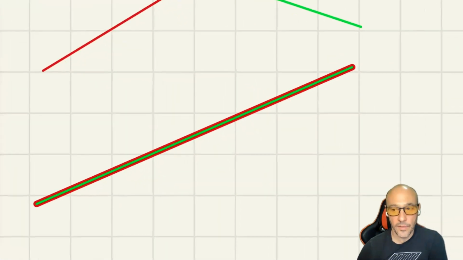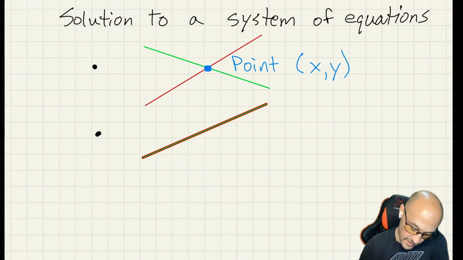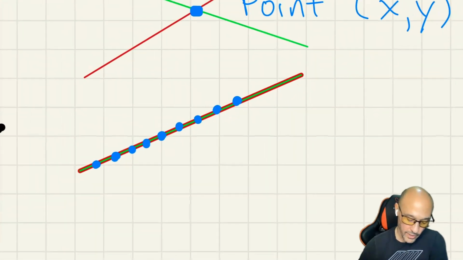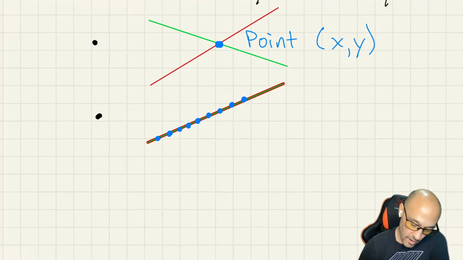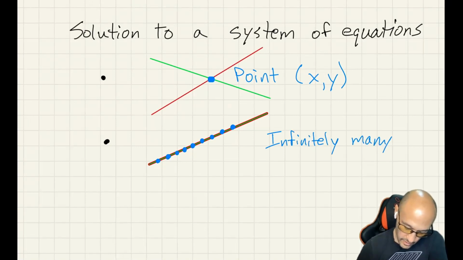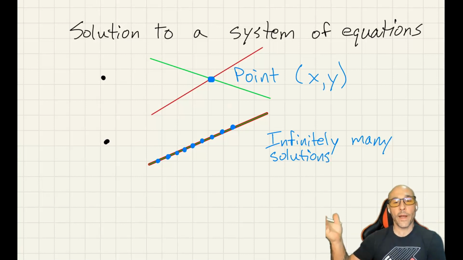So you can see there that they're overlapping. And so if you think about the solutions there, well, the points are all along it. And in fact, we could zoom in and find more points and then zoom in and find more points. So in this case, there are infinitely many solutions. And those solutions are all of the points on the line. So all of the points that would make the equations true.